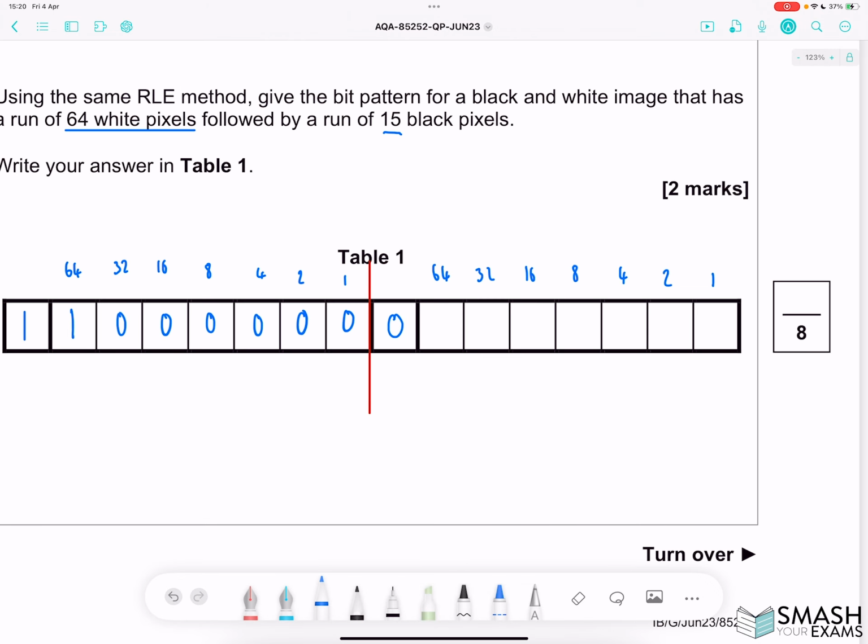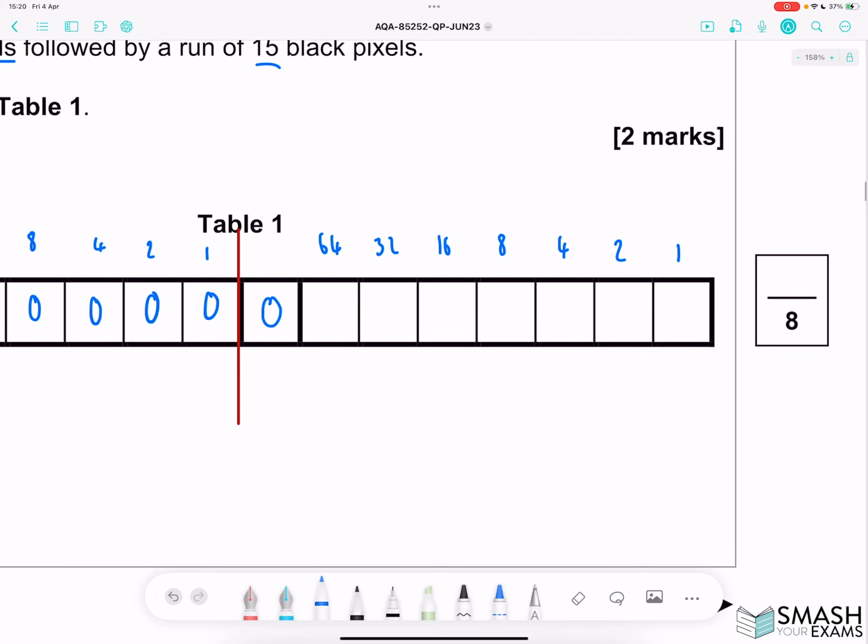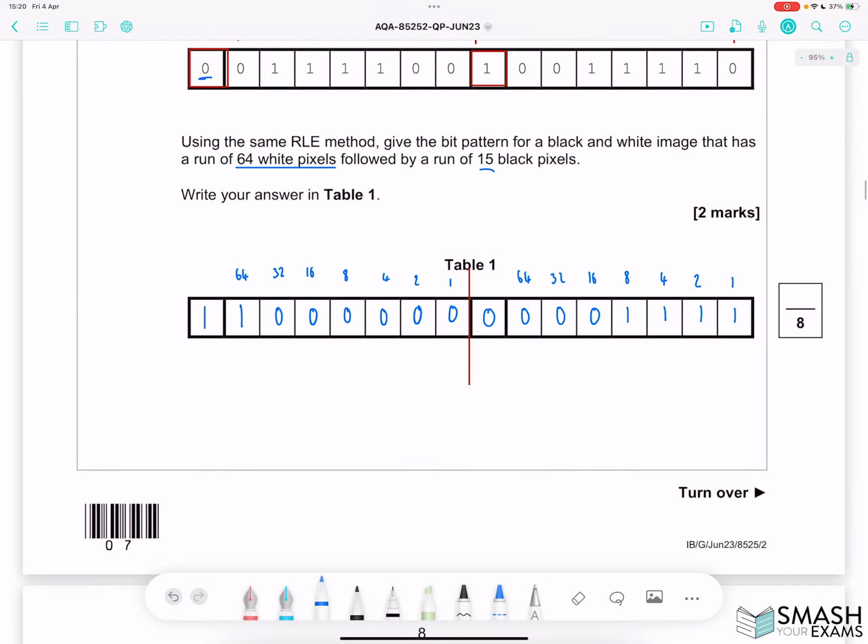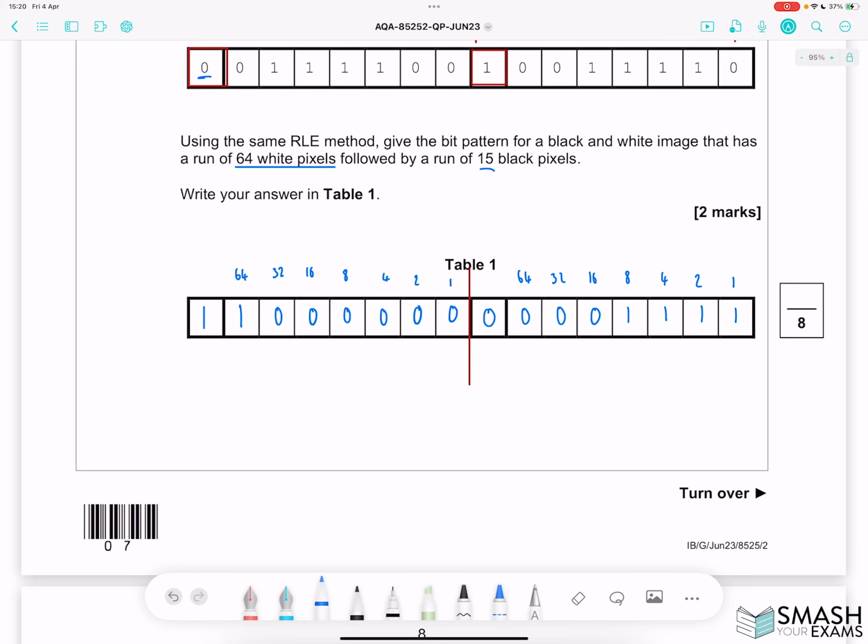It wants us to do 15. Well, 15 is 8 plus 4 plus 2 plus 1. And we'll backfill the zeros to make sure we don't have any blank spaces. And then we've got our completed answer to pick up 2 marks. We would get 1 mark for that side and 1 mark for that side.